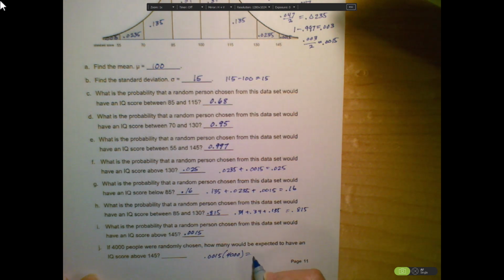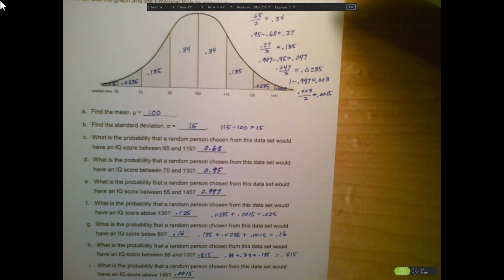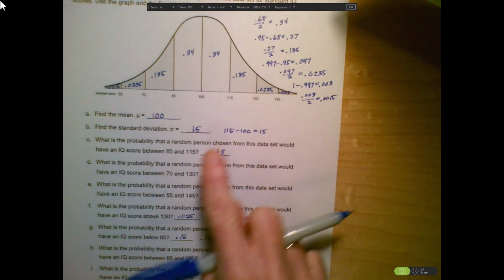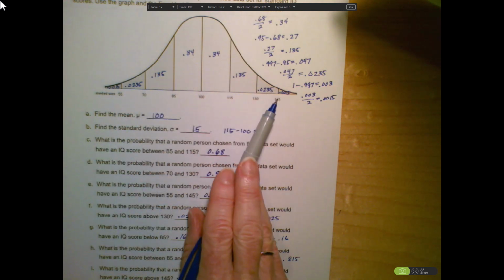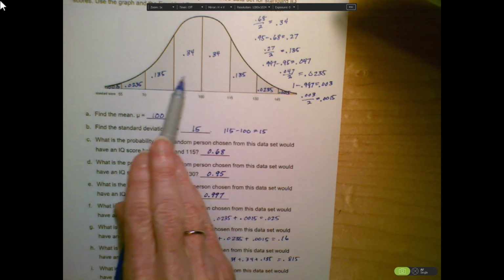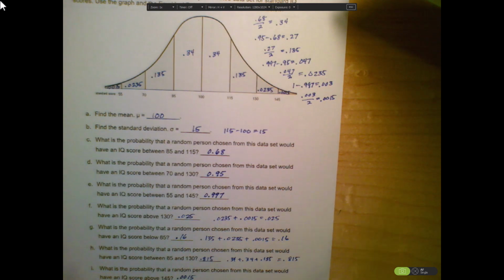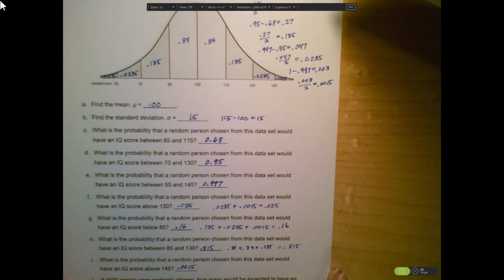So when we multiply that, we find that 6 out of 4,000 people would be expected to have an IQ score above 145. So we do need to understand the empirical rule enough to be able to answer questions like this. And sometimes the easiest way is to first make your diagram where all the different parts are labeled, and then you can easily answer any kind of questions using the number of standard deviations away and those labeled parts.